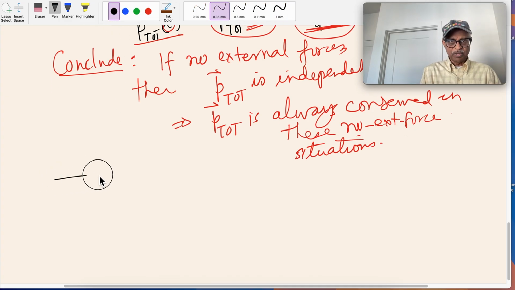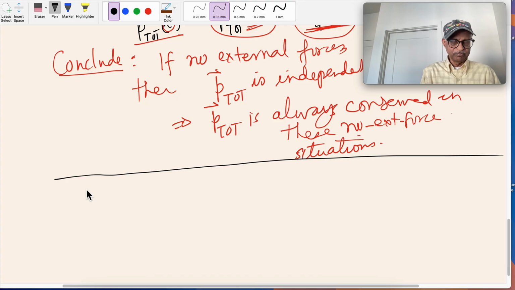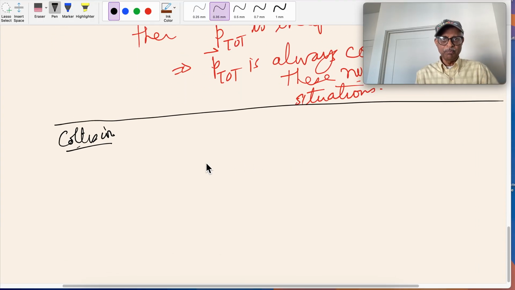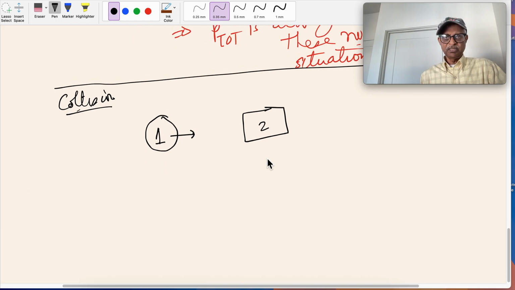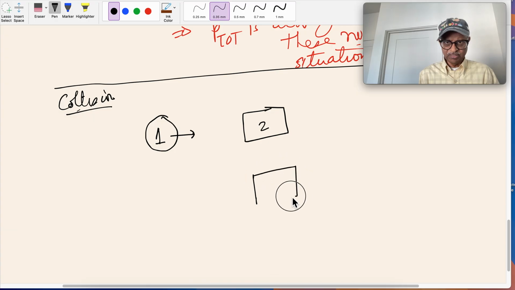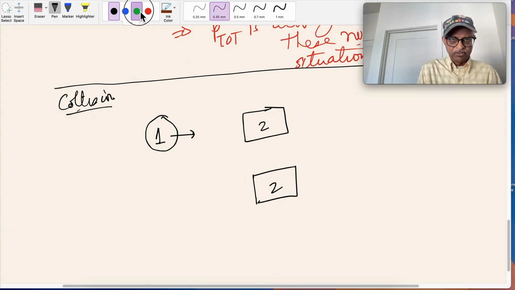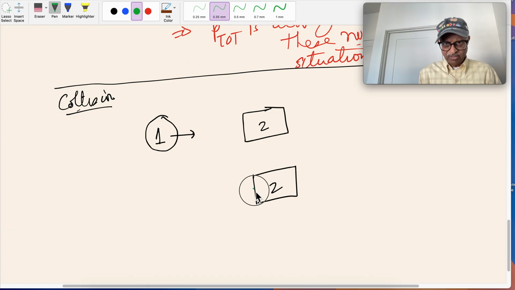So now let's see, how does this work out in collision? In a collision, you have an object 1 and object 2, and say it's going to collide. Let's look at just before the collision. Maybe 2 is sitting there, no problem. Just before the collision, it just touches.